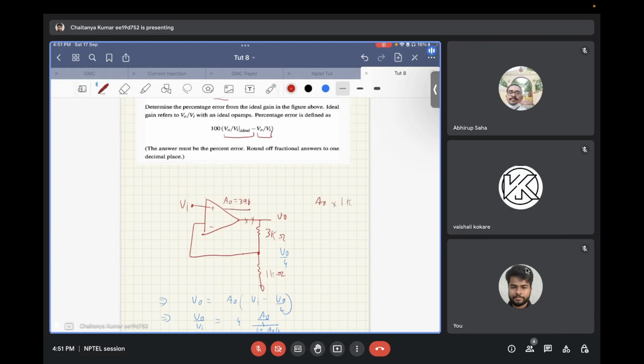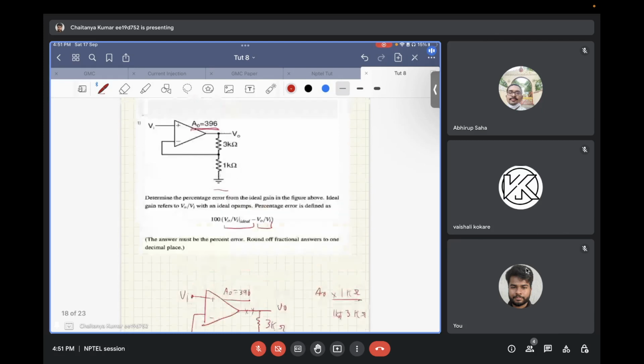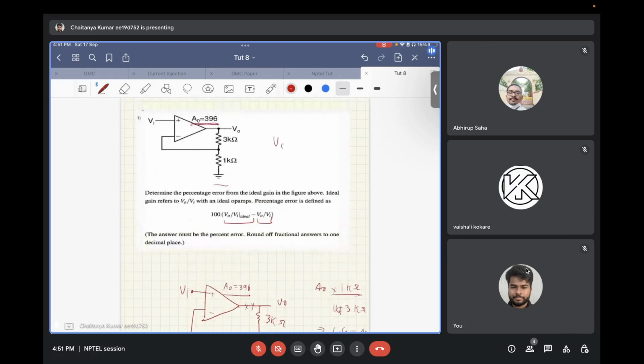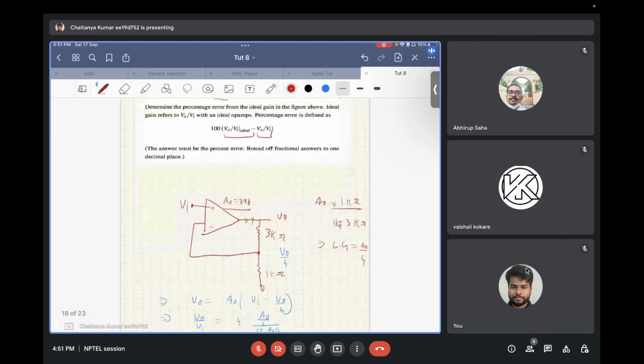So it will be A naught into 1 kilo ohm divided by 1 plus 3 kilo ohms. So the loop gain is A naught by 4. And the ideal transfer function, since this is a non-inverting configuration, V naught by Vi ideal will be equal to 1 plus 3 by 1, that is equal to 4.